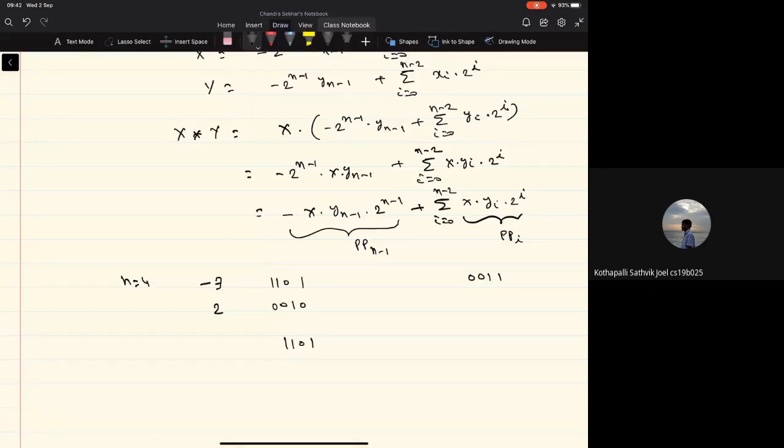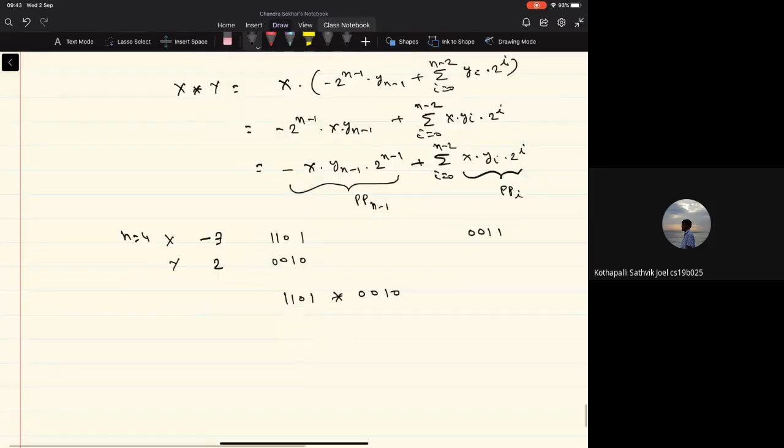So when we take this product of x and y, this is x and this is y, so we need to perform 0, 0, 1, 0. Actually, I'm taking a very simple case. What is the first partial product here? It is the product of x with respect to y0, that is 0 in this case, so it will happen to be 0. Next, y1 is 1, so when I multiply that with x, I'll get 1, 1, 0, 1.